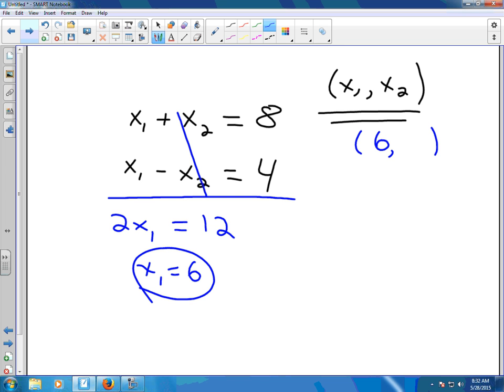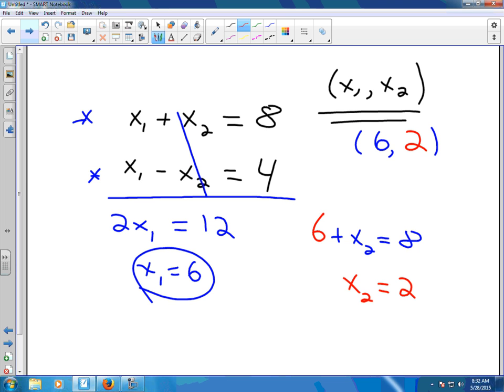And then we can back substitute to get the other unknown. We can substitute that 6 into either of these equations. So I'll just take the top one. If we replace x1 with what we now know it to be, subtract 6 from both sides.